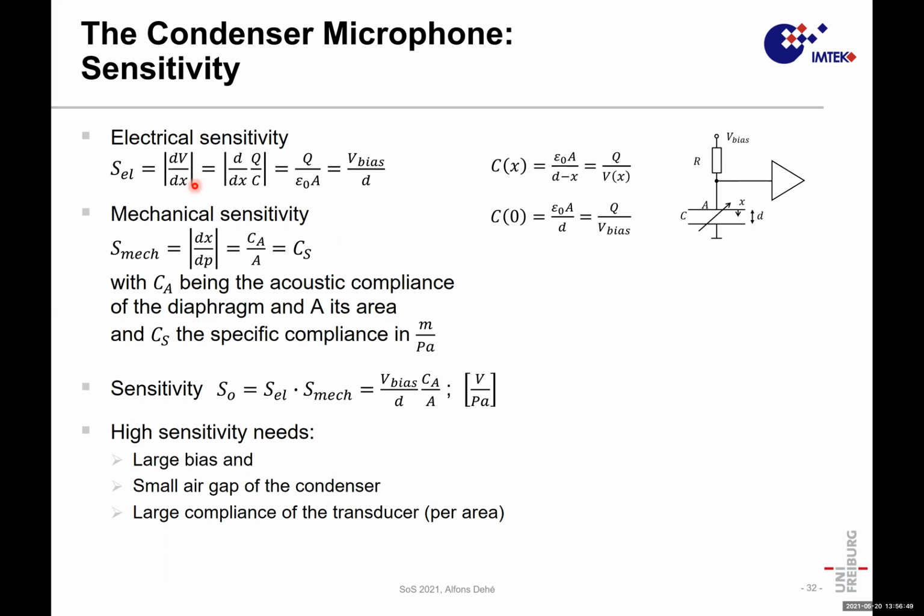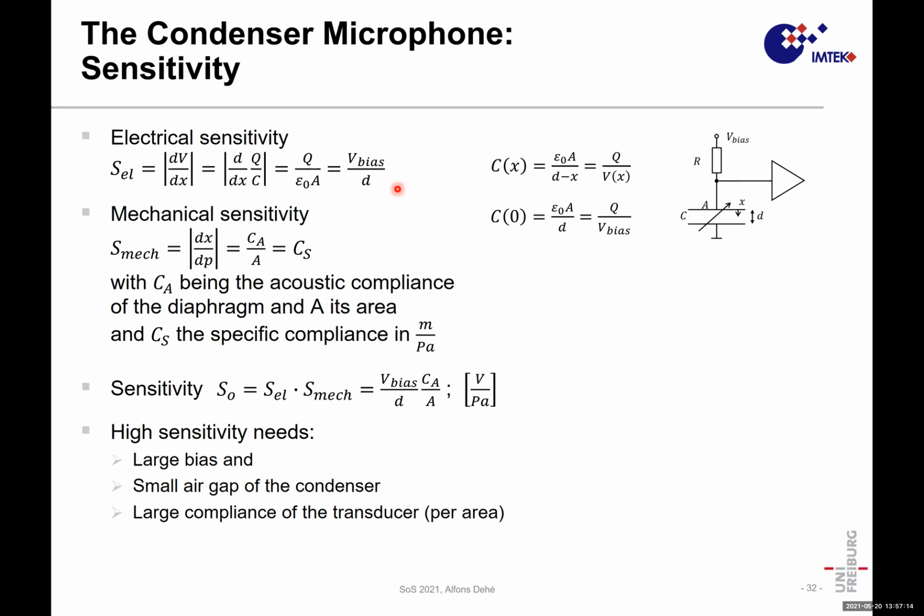This change of voltage over displacement, basically we have the charge and the capacitance. If we derive this over displacement, we get the total charge on the condenser divided by the area and epsilon zero, which is equal to the bias voltage over the distance of the gap.